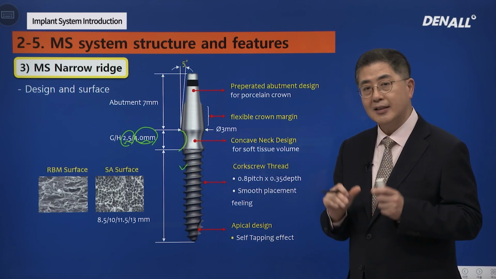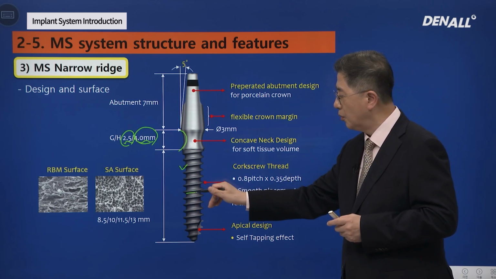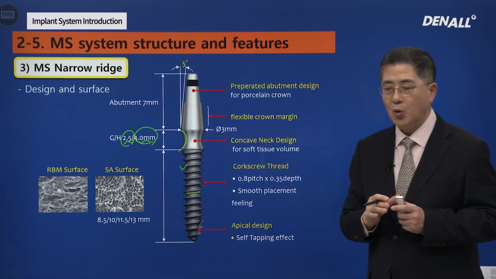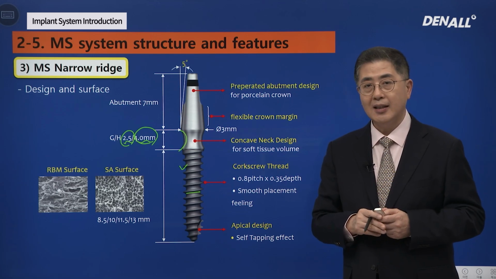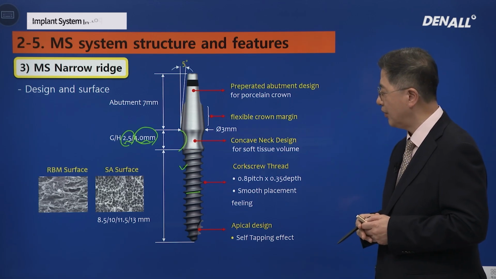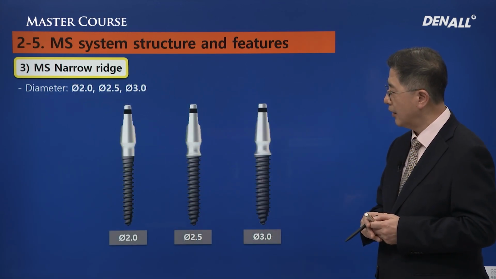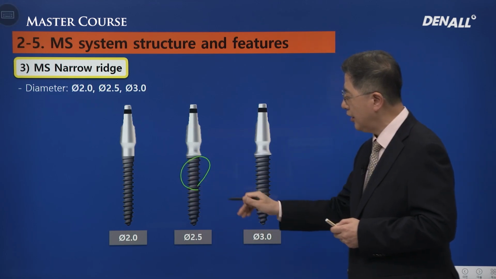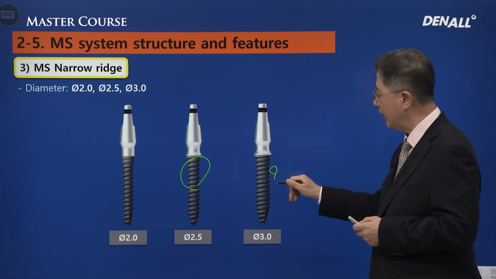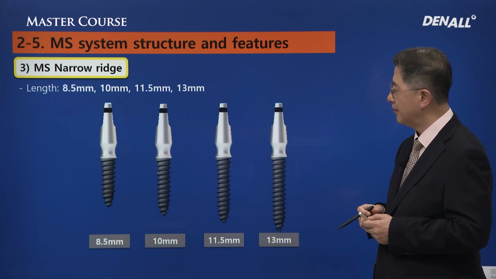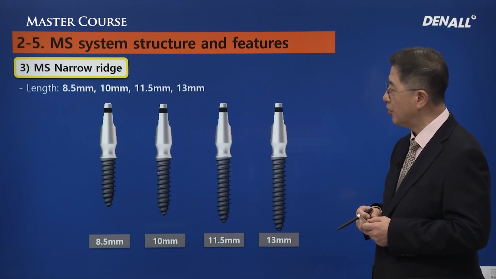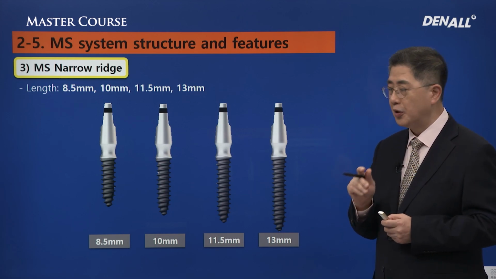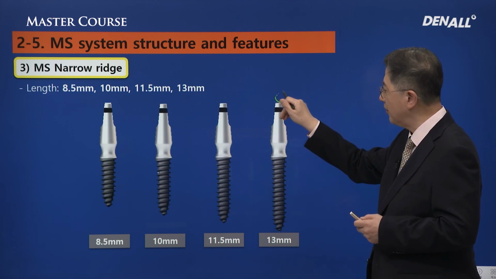There's implant diameter between 2.0 to 3.0. I primarily use a 2.5 by 13 millimeter implant. This is what I use most frequently. I wonder whether this is necessary. The length is 8 to 13 millimeters. My preferred length is 13 millimeters.